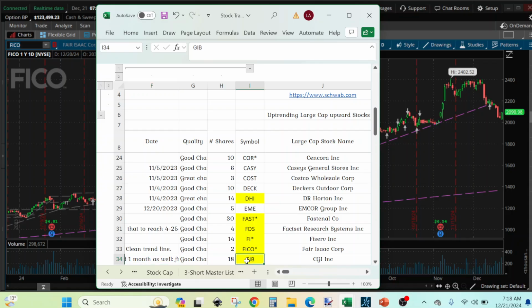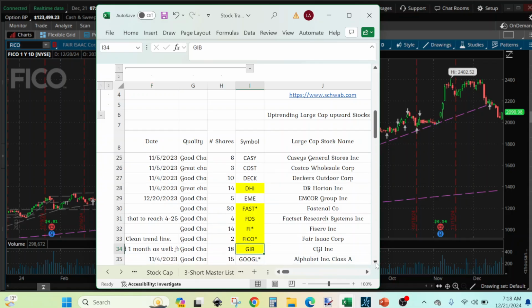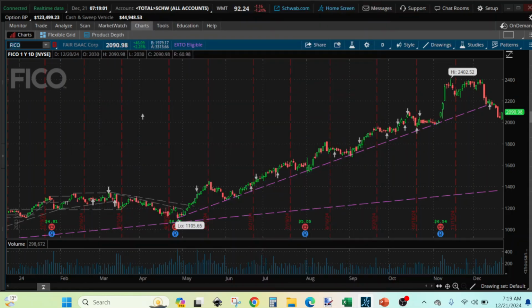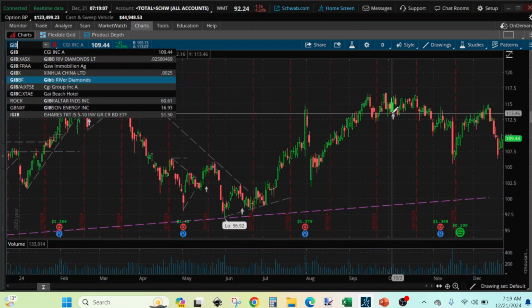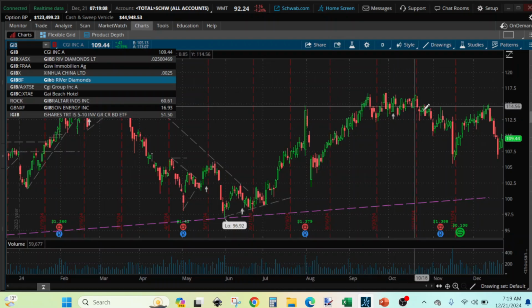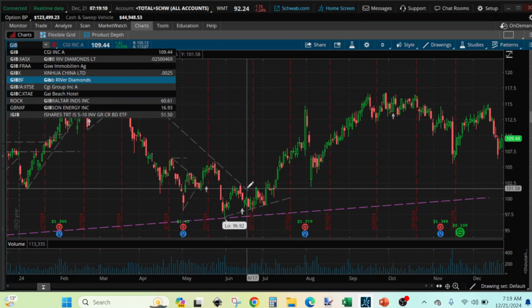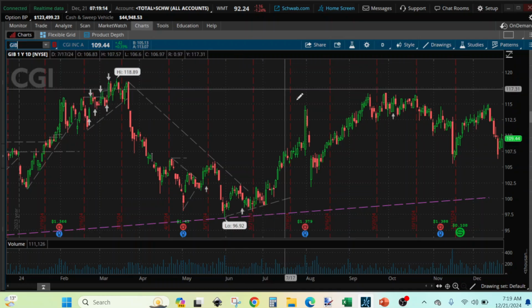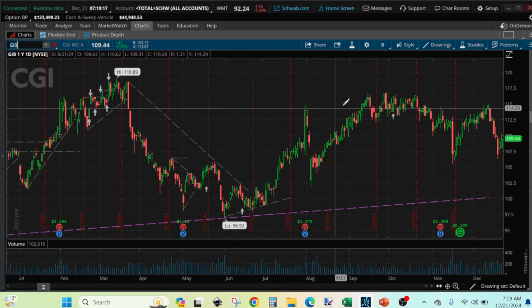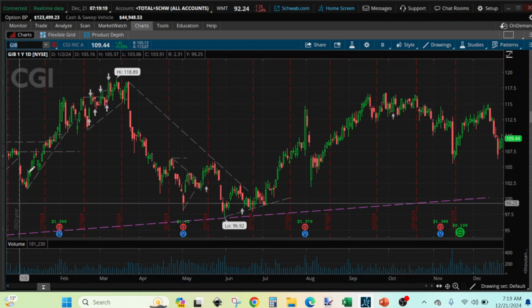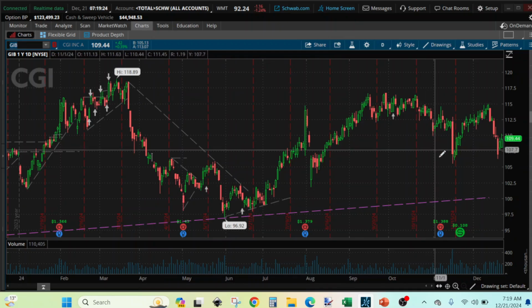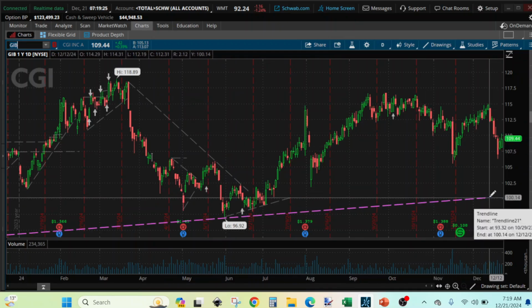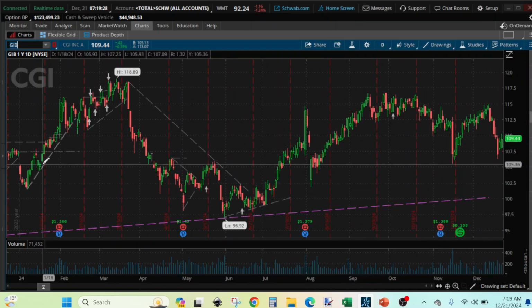I don't know if you notice it, but this one paid us some dividend. Let's see where we bought it. Yeah, we bought it somewhere here, and look how it's doing. Did you see the FICO trend line when I put the clean line? Do you see this? Compared to FICO, I would say the FICO line is a clean line. This is a disaster, a good disaster, depending on how you view it.